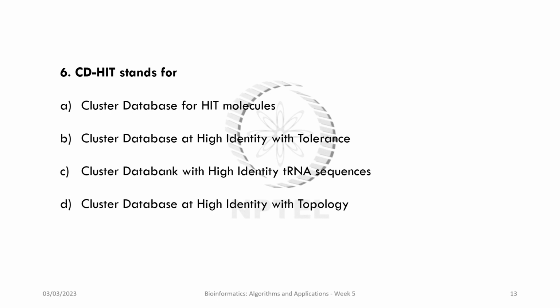So in the first question, we saw that CD-HIT is a software or database used to generate non-redundant data sets. So you can easily omit tRNA sequences, and topology, where we are not worrying really about topology.